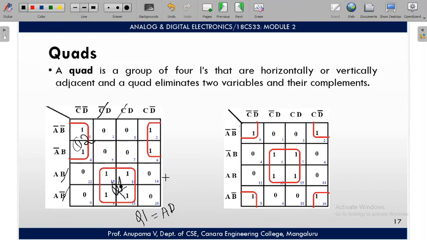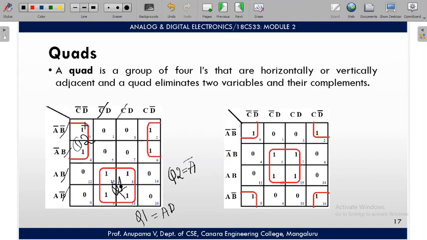Now let us see what term we are going to receive from quad 2. Go to the respective rows, that is row 1 and row 2. Here I can see B changing its form from B bar to B, so it gets eliminated. A bar remains, and A bar is ANDed with the result we receive from the columns.